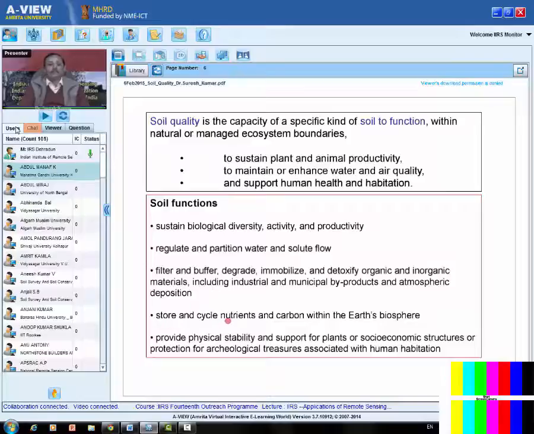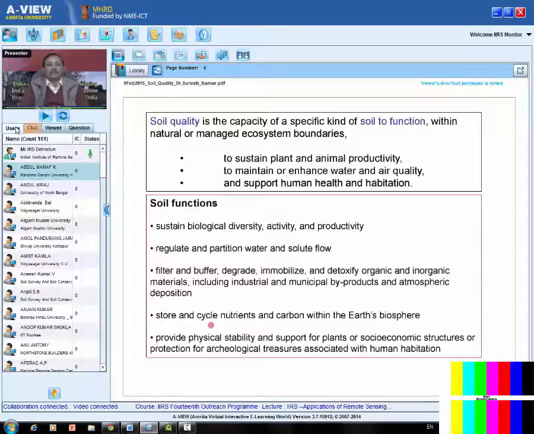Fourth is store and cycle nutrients. Soil takes part in the cycling of the nutrients, because the plant absorbs the nutrients and grows well, and you take the grains, and the residue materials go into the soil again, where they decompose and the nutrients are released into the soil. Then again plants take them up, you take them as food grain, and again the crop residue dies and goes into the soil.